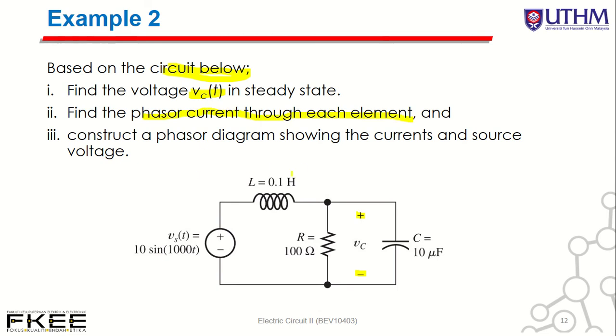This question asks you to determine the current through C, the current through R, and the current through L. The last one: construct a phasor diagram showing the current for each element and the source voltage.